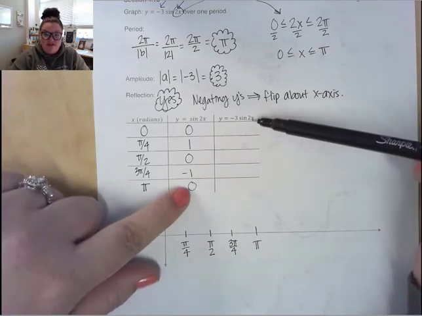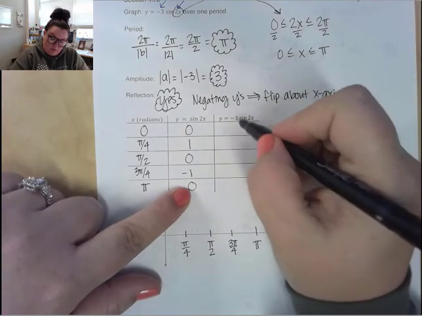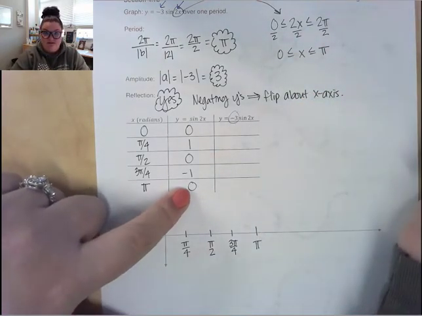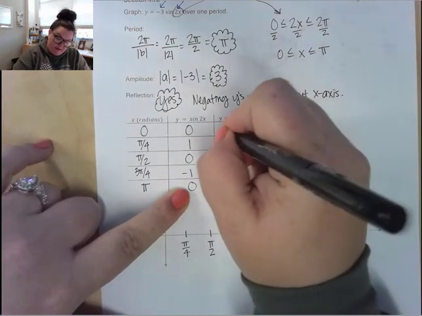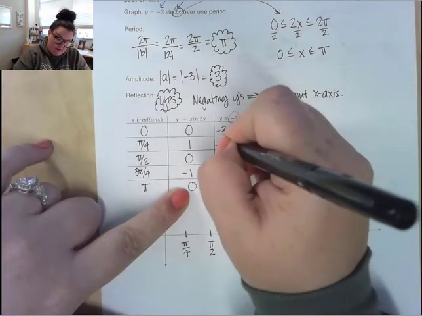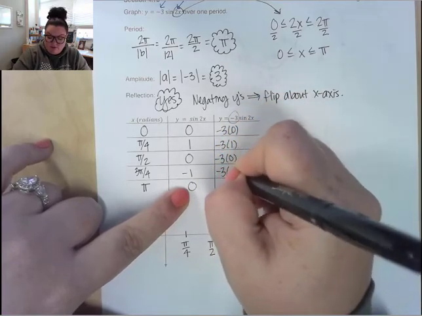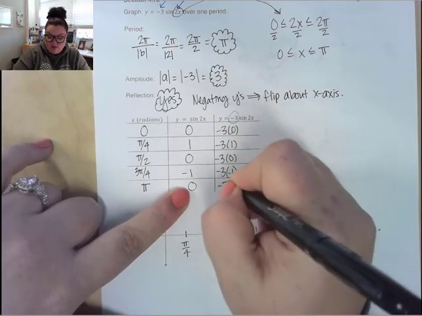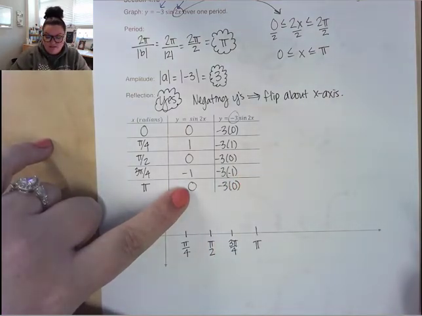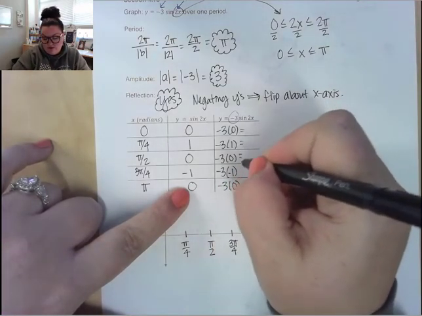Now I have to adjust my y's for whatever is out front of my function. So I'm going to do -3 times 0, -3 times 1, -3 times 0, -3 times -1, and -3 times 0 to see what my y values are.